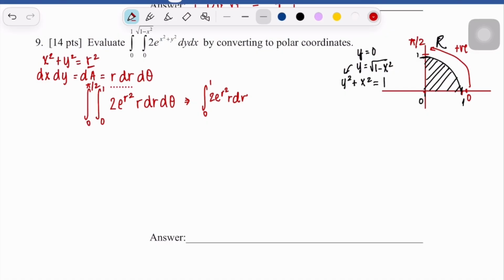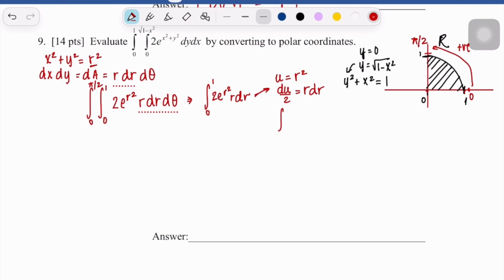Okay, so for this integral, we can just use u sub. So du over 2 would be r dr, and then we can replace. The bounds would be 0 to 1, because the square root of 1 is just 1, and then 2 times e to the r squared is going to be u now, and r dr is du by 2.